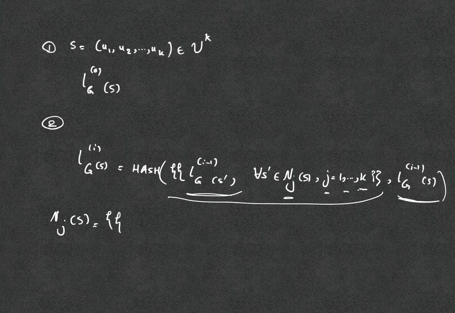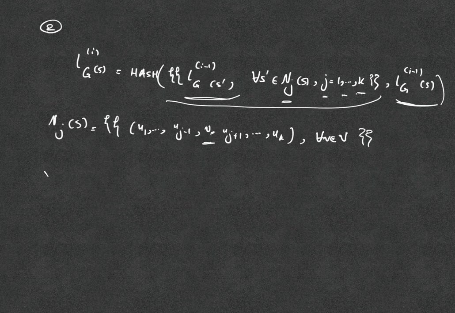You have the multiset of the set of nodes that you had. You remove the uj, you substitute it with v, and this v would basically cover all of the possible nodes.